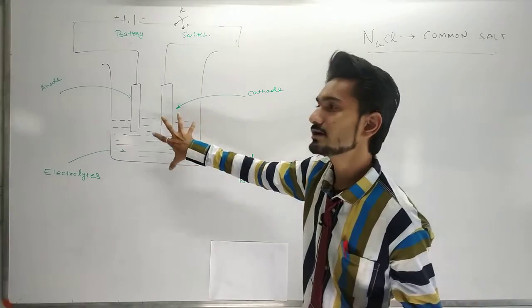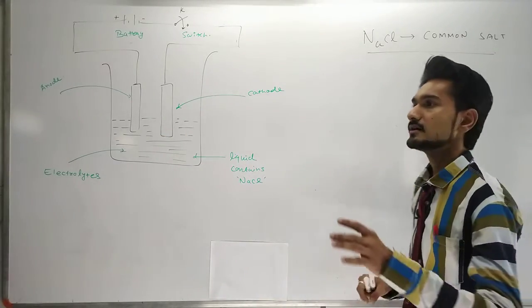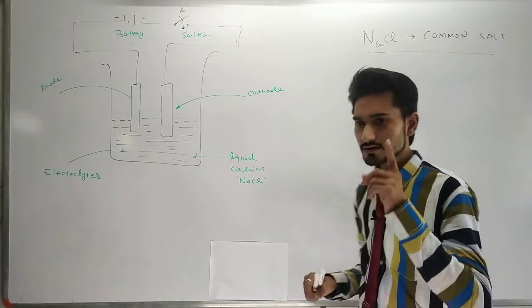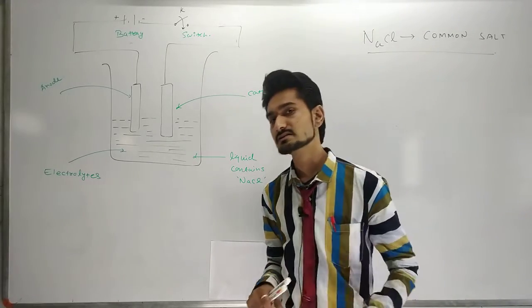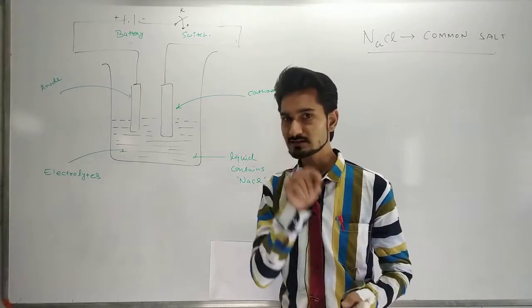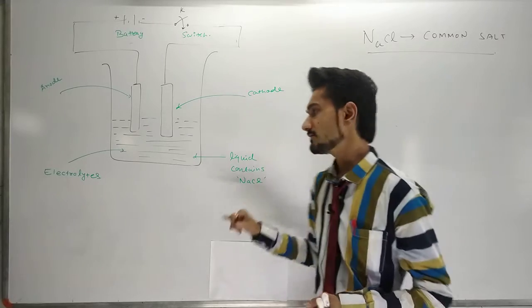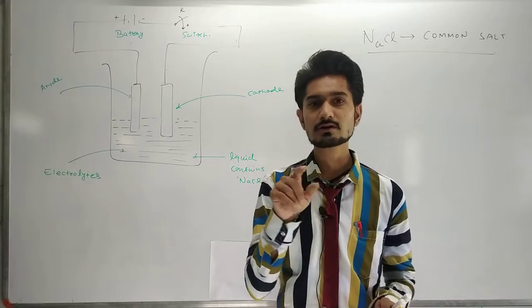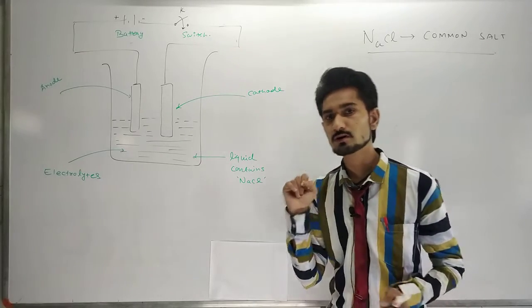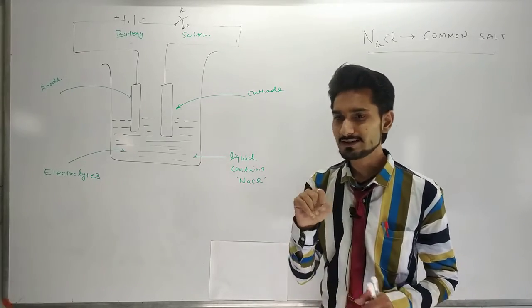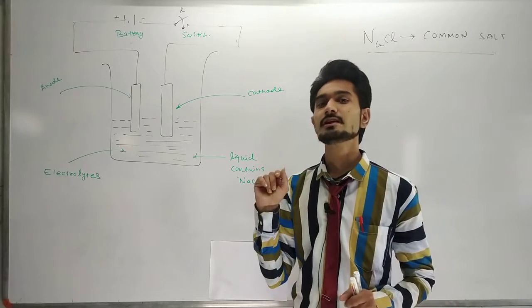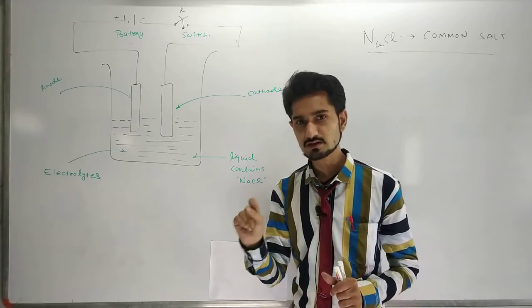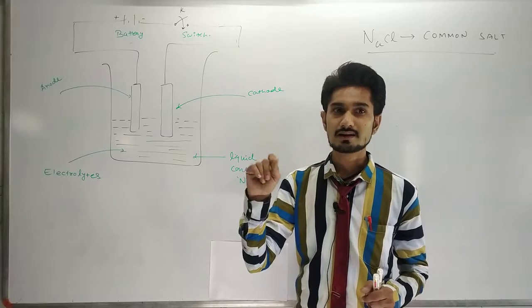It is salty water, because if you remember, pure water cannot pass electricity. So if we want to pass electricity, what do we need? We need salty water. Pure water is not a conductor of electricity, only a mixed or salty water is a good conductor of electricity.